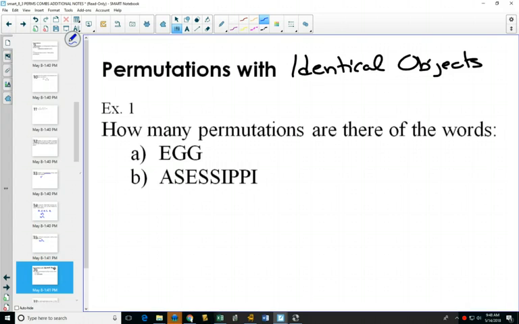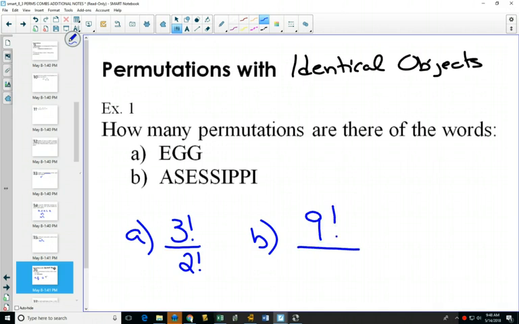How many permutations are there of the word egg? Well, we've seen this before. Normally it would be 3 factorial with 3 different letters, but because we have the identical g's, we would divide by 2 factorial. And for b, normally 1, 2, 3, 4, 5, 6, 7, 8, 9, 9 factorial, but we have 3 s's, so we divide by 3 factorial, 2 p's, 2 i's, and since there's 1 a and 1 e, we don't have to worry about those, but that would be the total number of permutations of Mississippi.